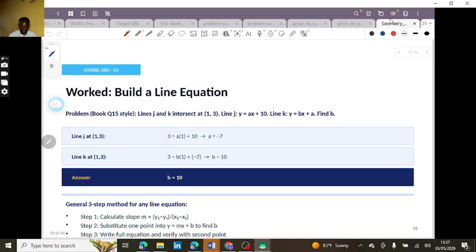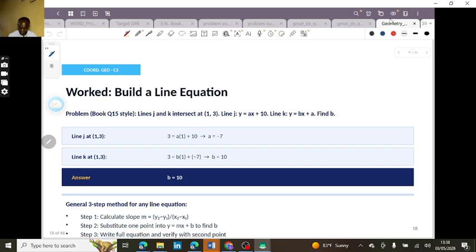This question says line J and K intersect at 1, 3. Line J, y equals ax plus 10. Line K, y equals bx plus a. Find b. What does intersection mean?